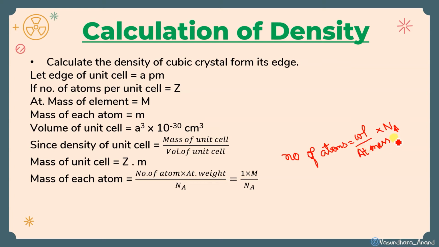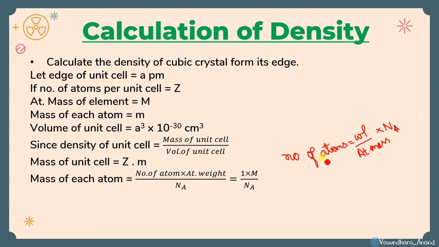Now suppose the number of atoms is 1. If I have to find the weight of one atom, can I write that the weight will be equal to number of atoms multiplied by atomic mass upon Na? Yes, so that is the mass of each atom. We can calculate it this way. Any problem in this? Got it?